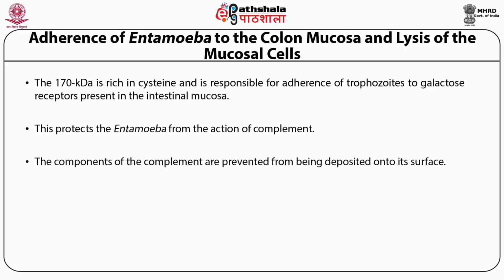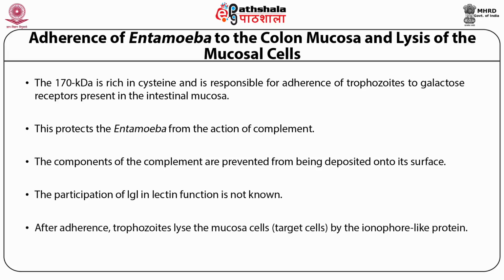The components of the complement are prevented from being deposited onto its surface. The participation of light subunit in lectin function is not really known to us. After adherence, trophozoites lyse the mucosal cells, which are the target cells, by the ionophore-like protein.